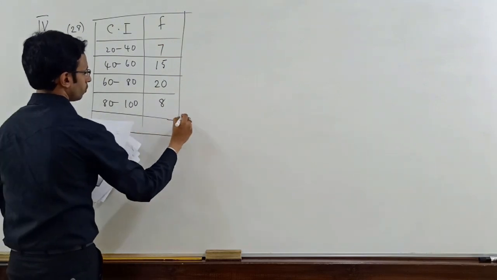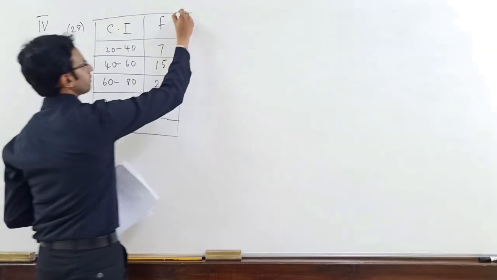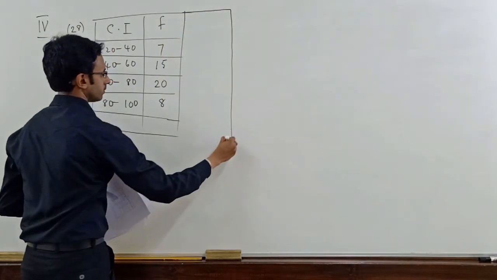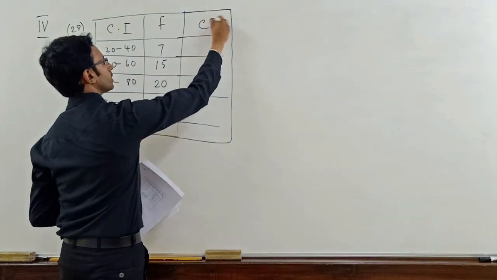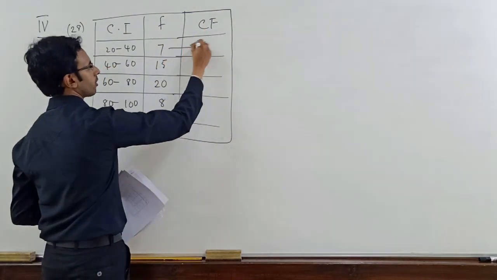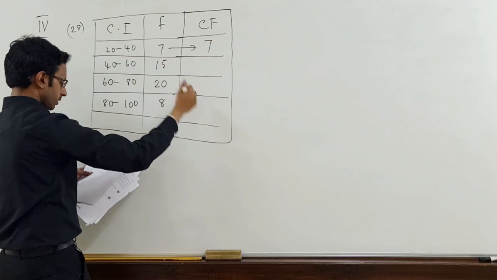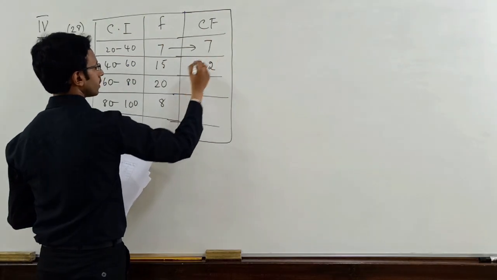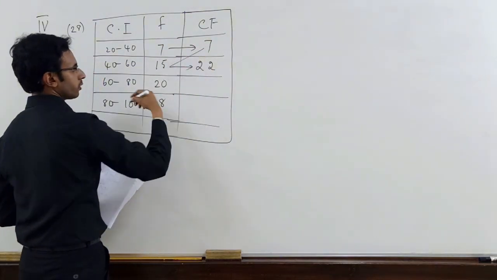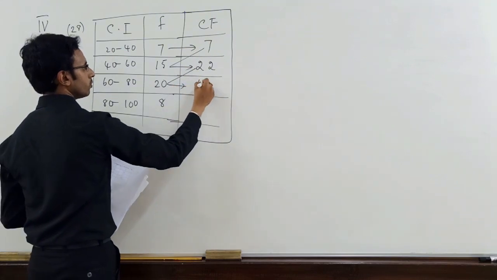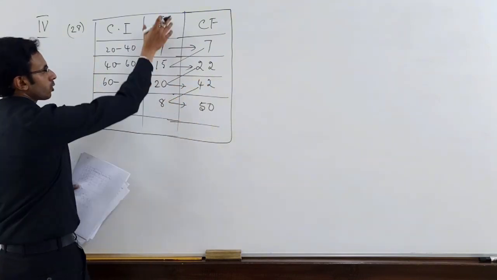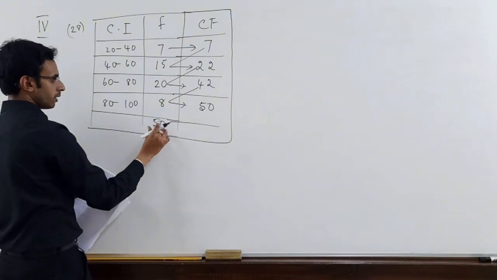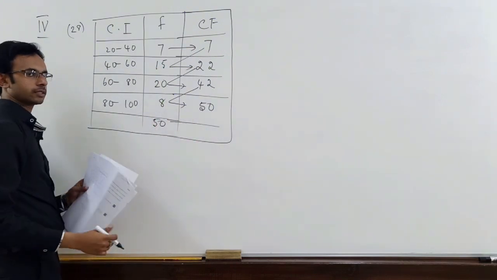You all know, to find the median, first thing that we should add to this given problem is column called as CF, which is cumulative frequency, and for that we carry forward the 7 as it is. 7 plus 15 will give you 22, 22 plus 20 will give you 42, 42 plus 8 will give you 50, which should be the total of frequency. So by this way you can tally that your calculation is correct.